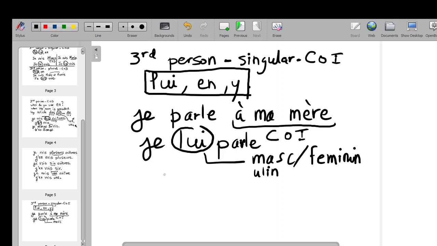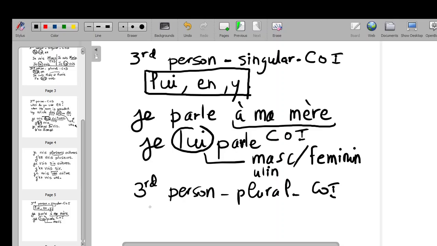So let's get rid of that and do third person plural, COI, which is leur. So here I did lui, now let's do leur.